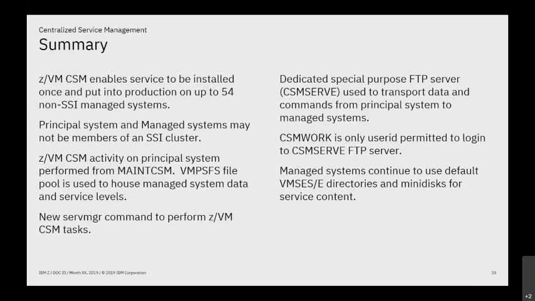But since the SSI file pool is probably going to get huge, and you're probably going to want to draw down the number of 7.2 systems, you might want to maintain two principal systems. So a principal system for the 7.3 code and a principal system for the 7.2 code.